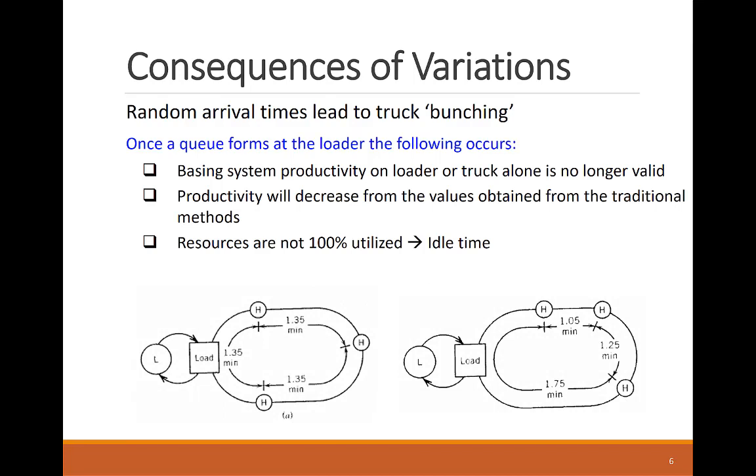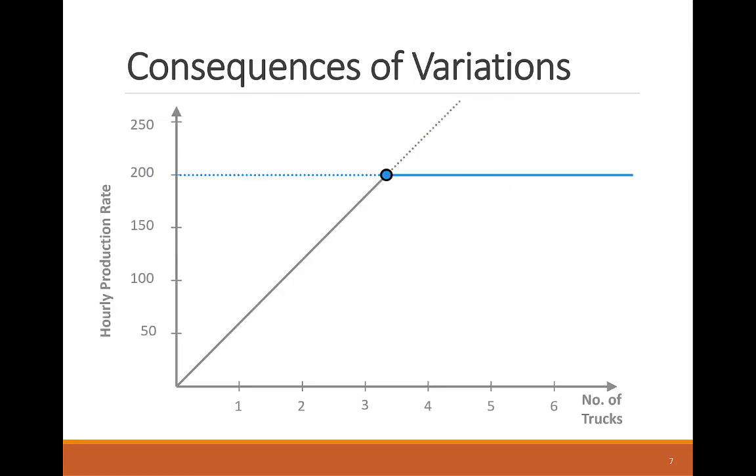Once this truck queue forms, our deterministic crew production estimation based on the loader and trucks' productivity values is no longer a valid approach. Actual productivity will be lower than estimated values, as the loader and trucks will not be utilized 100%. These variations in actual operation times result in lower production than the expected values.